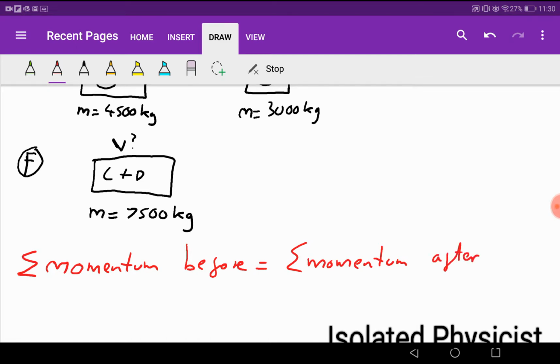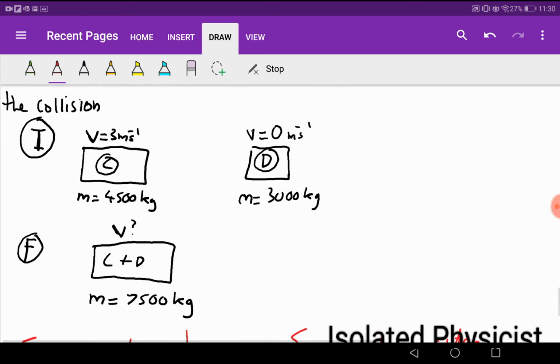So let's look at the total momentum in the initial situation. C has got a momentum of mv, which equals 4,500 times 3, and D has got a momentum of 3,000 times 0.